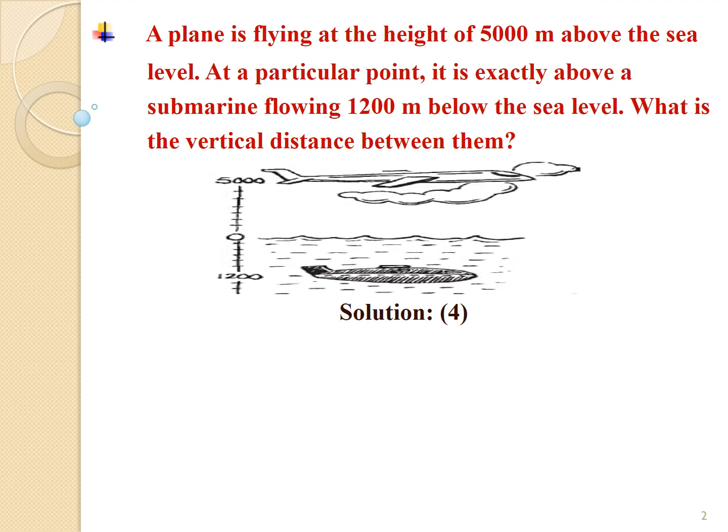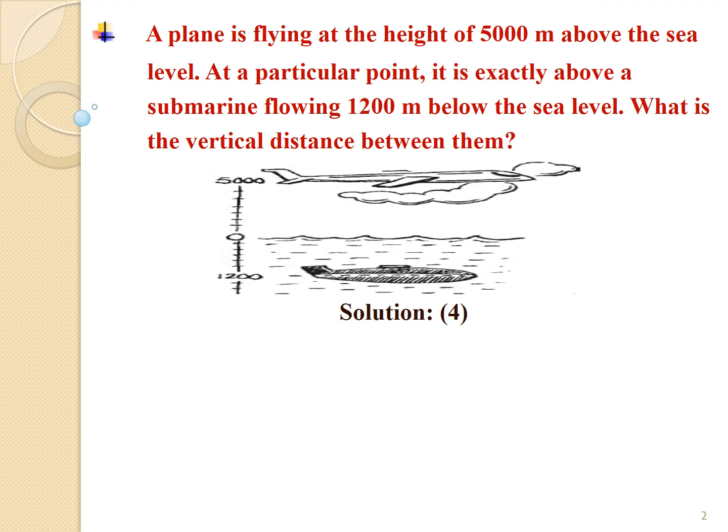Students, note that the plane is 5,000 meters above the sea level, and at that point it is exactly above a submarine which is flowing 1200 meters below the sea level.